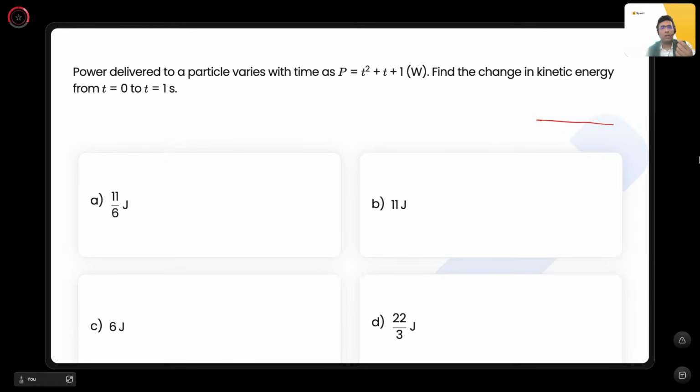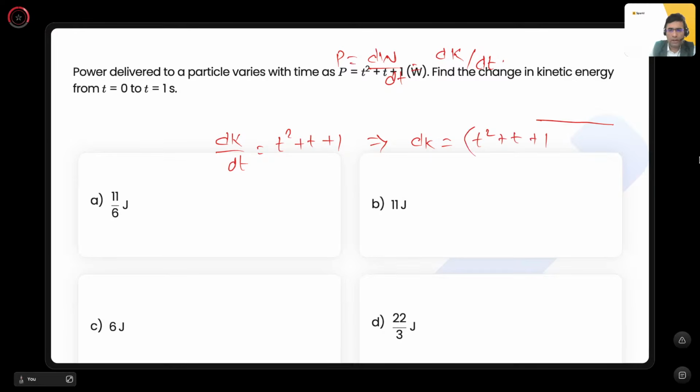तो हमें पता है कि वर्क और काइनेटिक एनर्जी में रिलेशन होता है, right. So we can write power as dW upon dt. So we can write it as dK by dt as well. So from here we can write कि dK by dt जो होगा वो t square plus t plus 1 के बराबर होगा. dK will be equal to t square plus t plus 1 dt, and let's integrate it from 0 to 1.